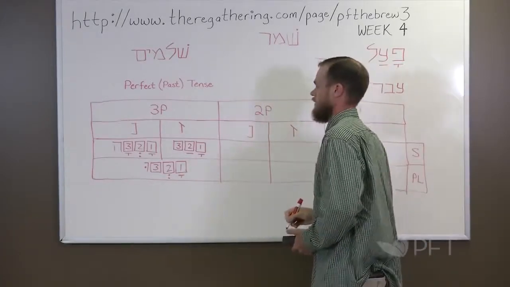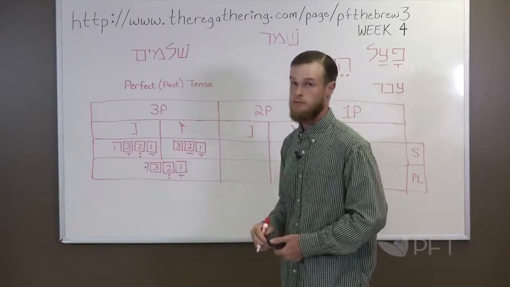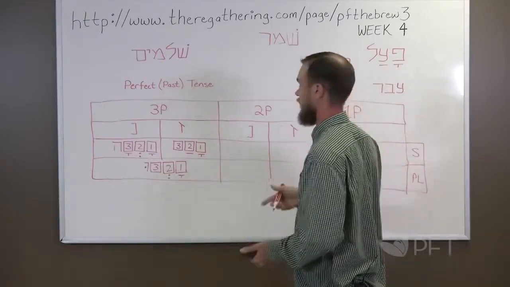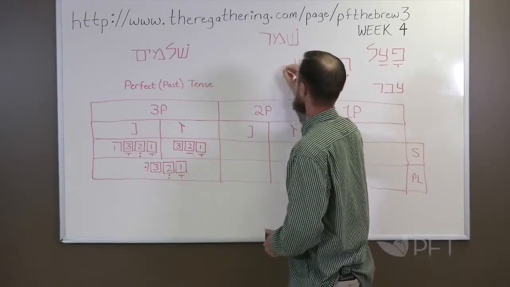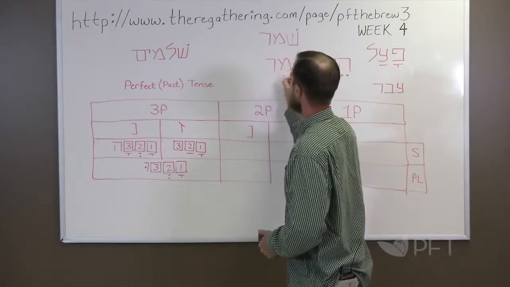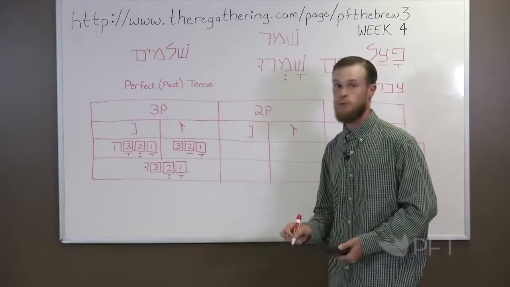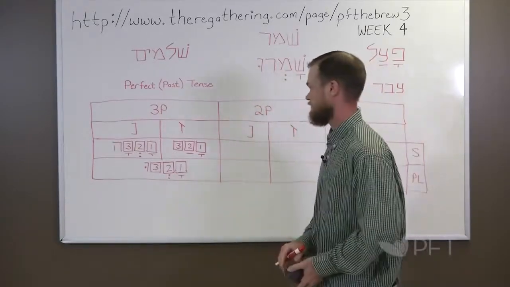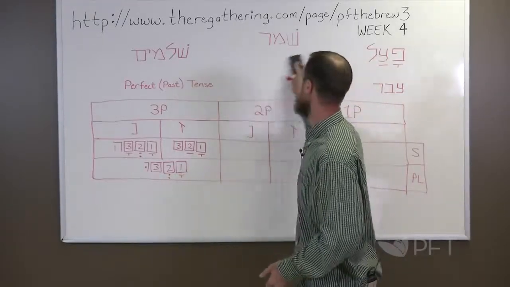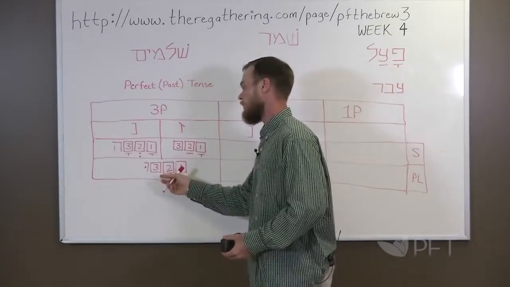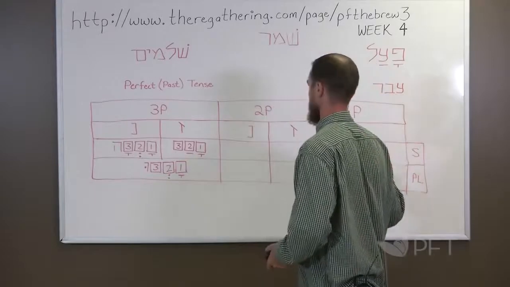We can use either one with this, or I should say we can use this conjugation with either one of those pronouns. Okay, so hem or hen. Shamru. Hem shamru. Okay, that would mean they kept. So again, this conjugation is all about matching the verb to the subject. Okay, it has to match in person, in gender, and in number.